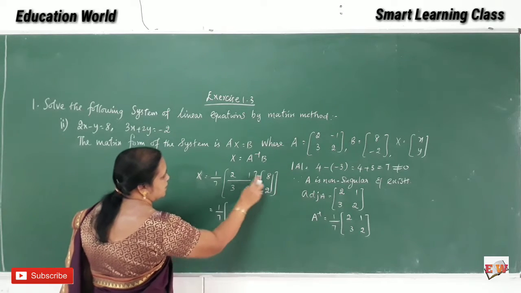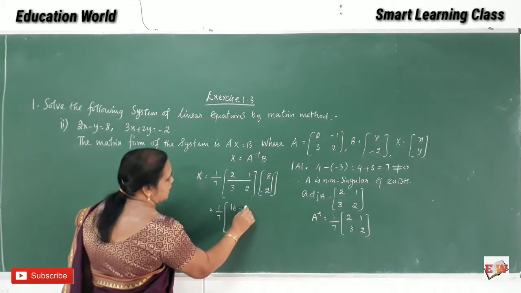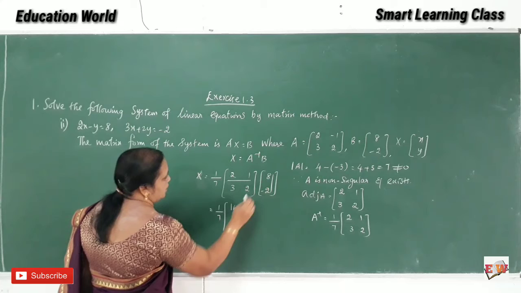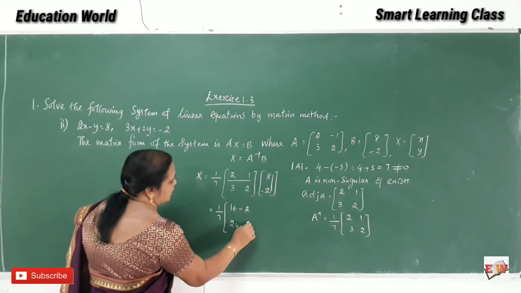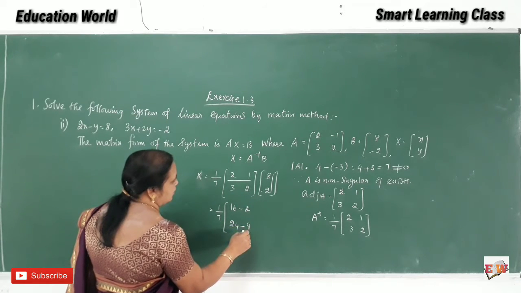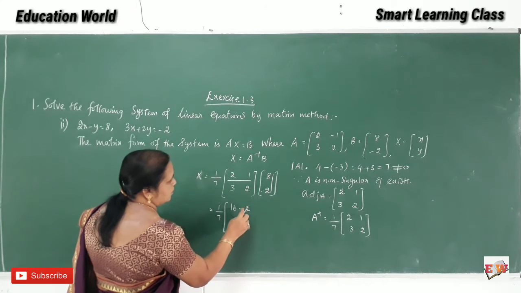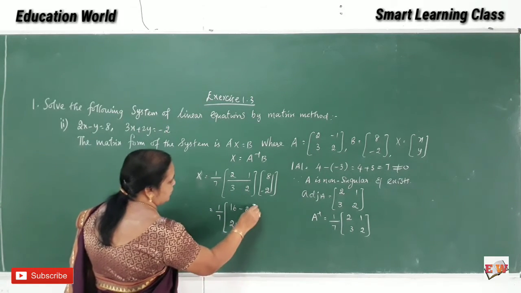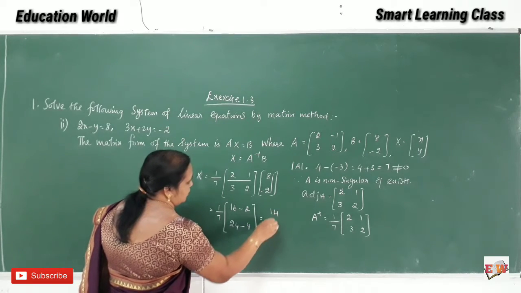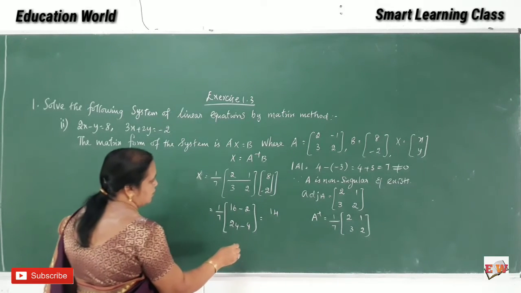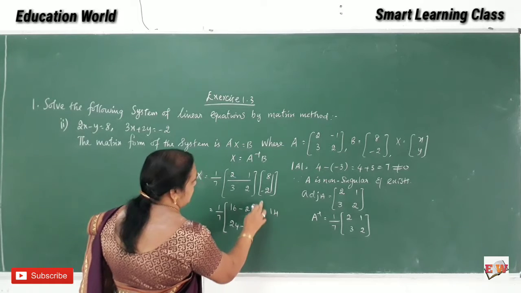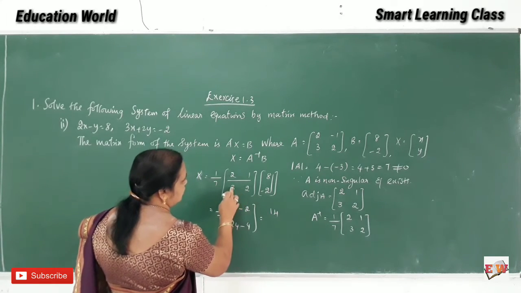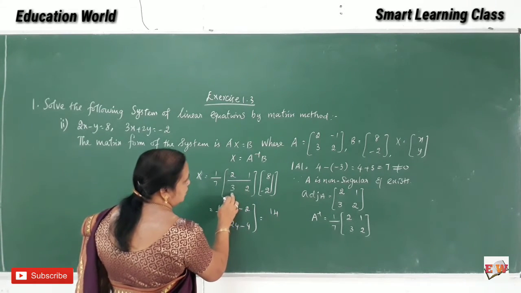Usual multiplication: 8 2s are 16, minus 2, which is 14. 8 minus 3s are minus 24, minus 4, which is minus 28. So 1 by 7 of 14, minus 28 gives 2, minus 4.